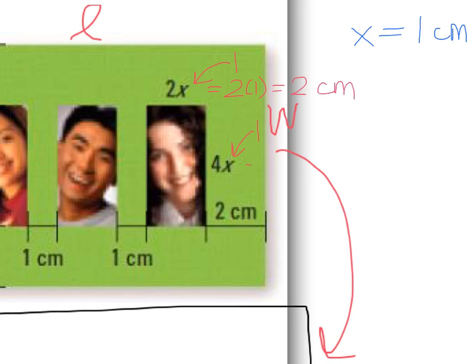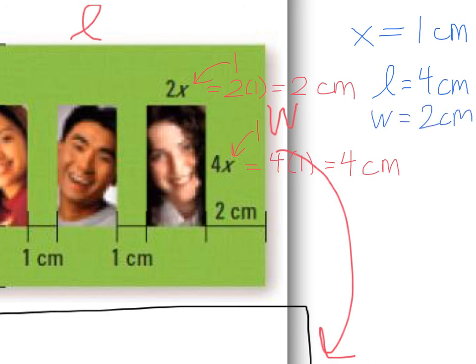And 4x, well, that would be 4 times 1, which is equal to 4 centimeters. We did it! So the length of the picture is 4 centimeters, and the width is 2 centimeters, and lo and behold, we now finally have our answer. Nice job. That's our final answer.